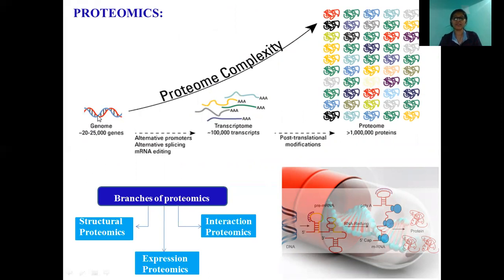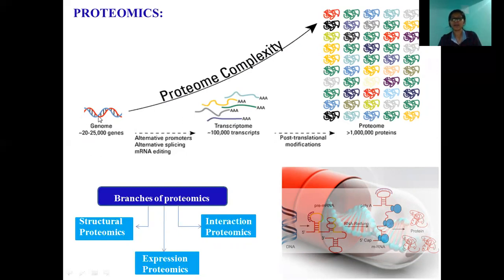Suppose one individual has a genome containing 20 to 25,000 genes. For example, in Arabidopsis near about 25,000 genes are present. And here you can see this arrow goes in the upward direction. This arrow tells about the protein complexity and why there is a need for proteomics study.